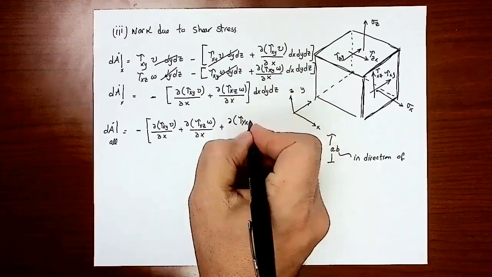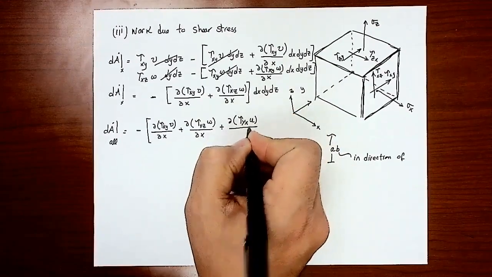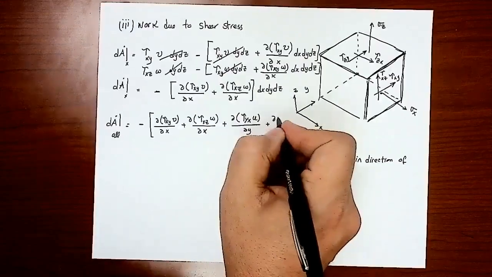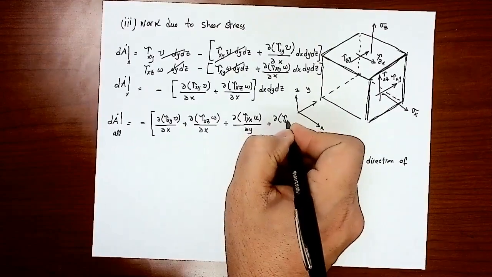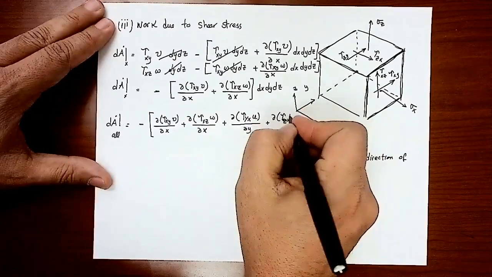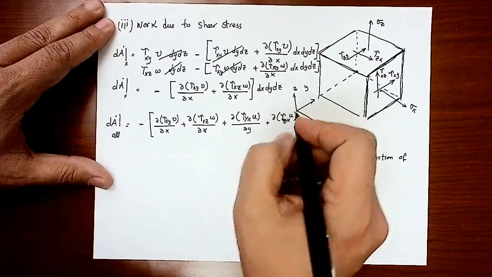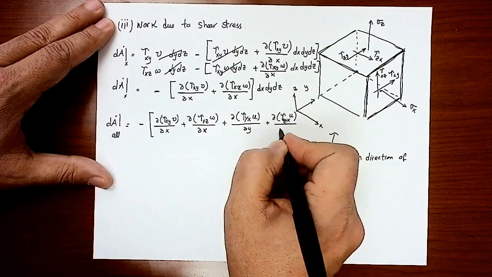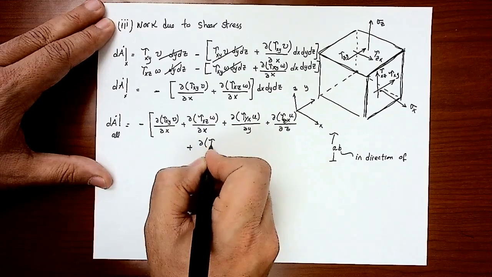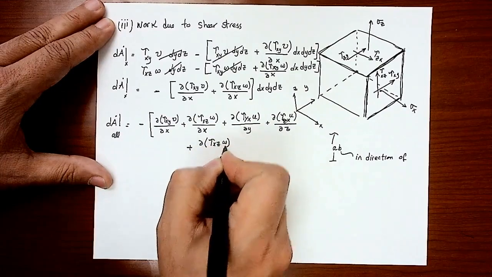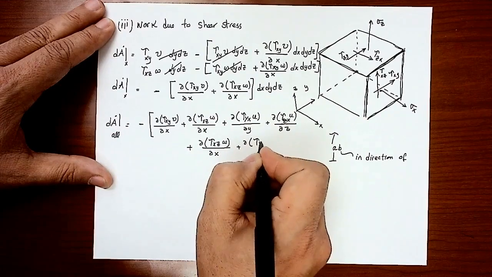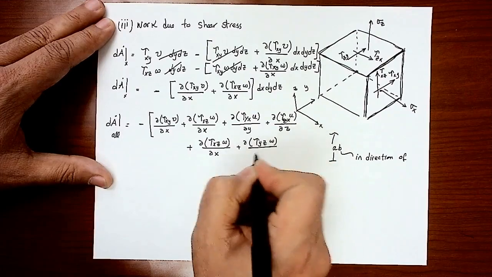That's in the x direction, so it's going to be multiplied by u, and that's going to be by partial y, plus partial tau zx. Again, it's perpendicular to the z in the x direction, so I will have u, and this will change by z. Then I will have partial tau xz, that's times w relative to the x, plus partial tau yz times omega divided by partial y.